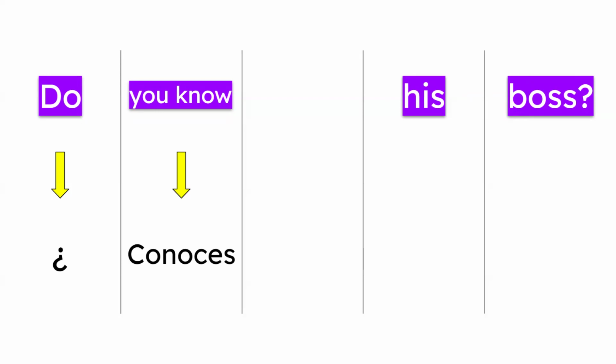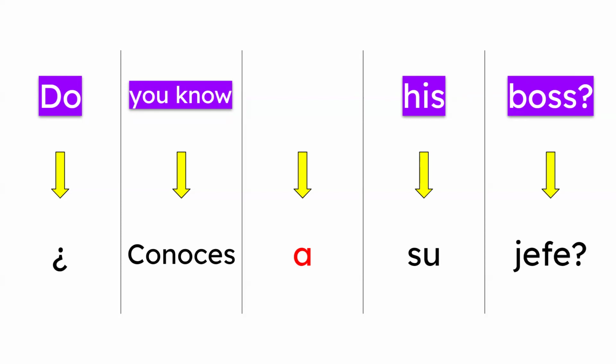Conoces, conoces. And what is happening here? Conoces a, why a? Okay, in a moment. Just a minute. His, how do you say his? It's masculine, so it's su, right? His, her, they both are su in Spanish. And boss goes jefe, el jefe.